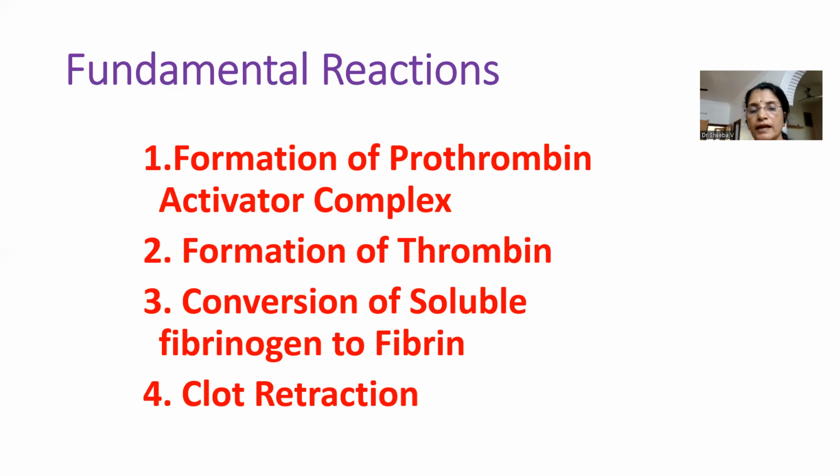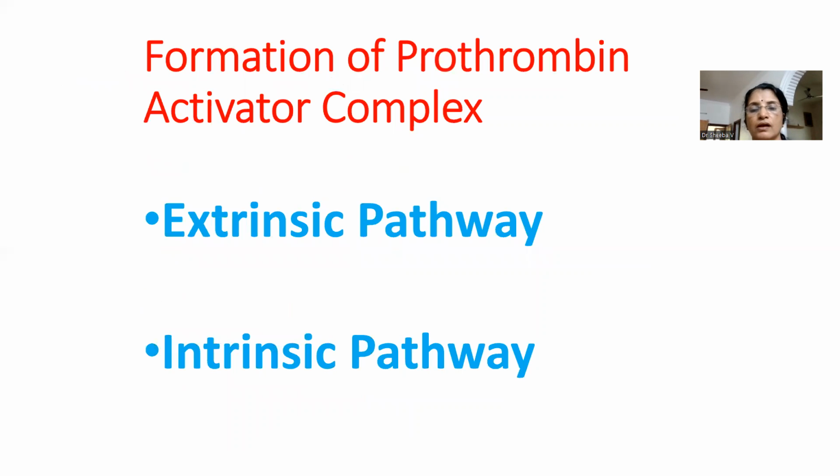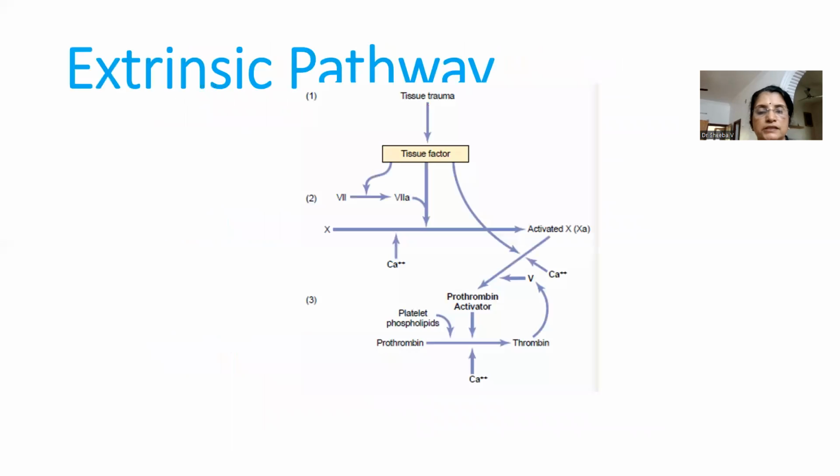These are the fundamental reactions: formation of the prothrombin activator complex, formation of thrombin, conversion of the soluble fibrinogen to fibrin monomer, and finally the clot retraction. Let us see the formation of prothrombin activator complex. It can be formed by both the extrinsic and the intrinsic pathway.